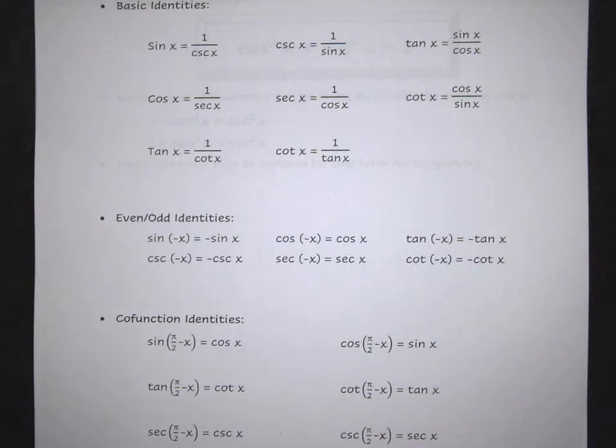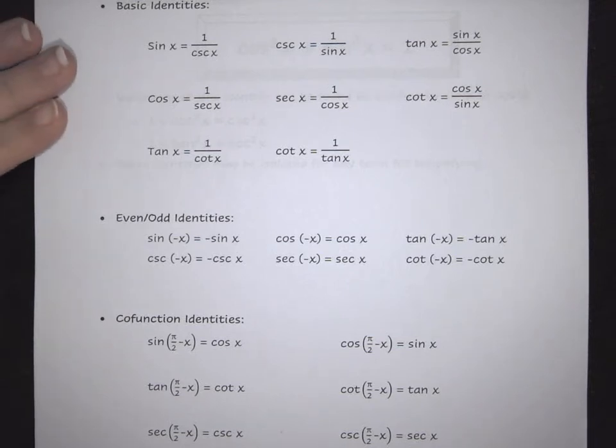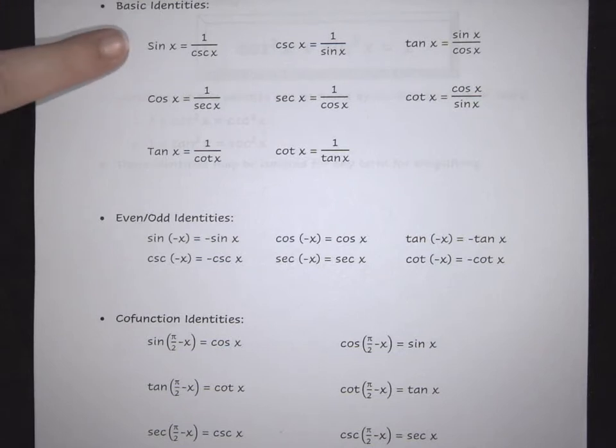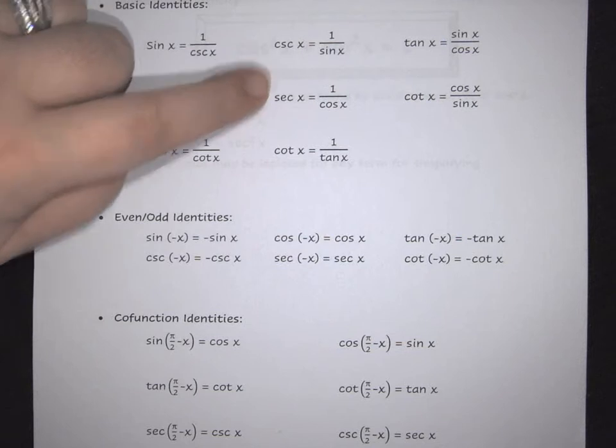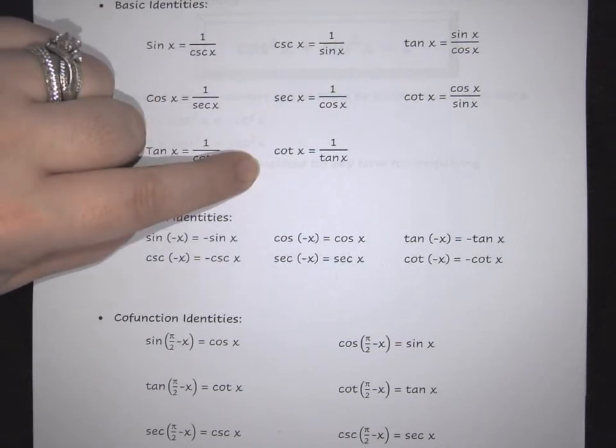Here we're going to look at how to simplify trigonometric expressions using some of our more basic identities. So first we have what are actually called the basic identities. We've got sine of x, cosine, tangent, and their partners, cosecant, secant, cotangent.